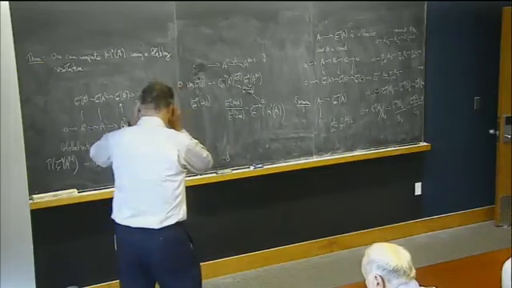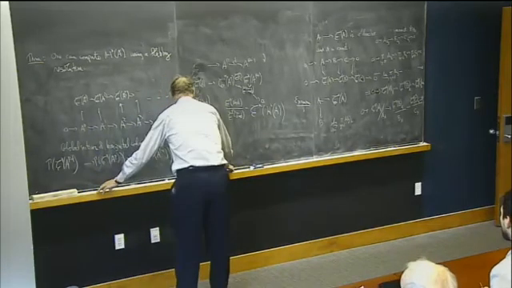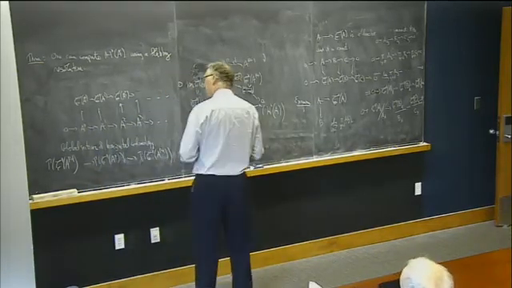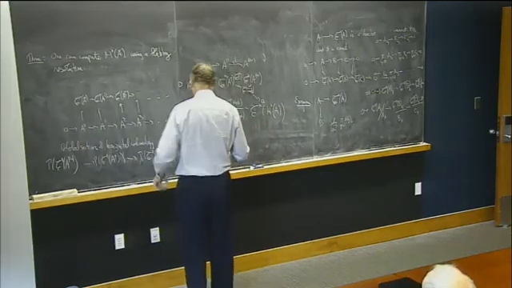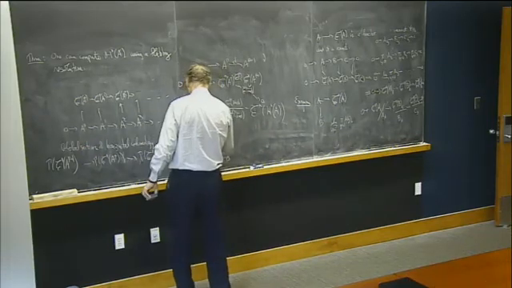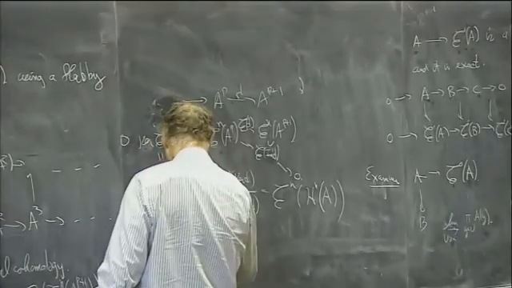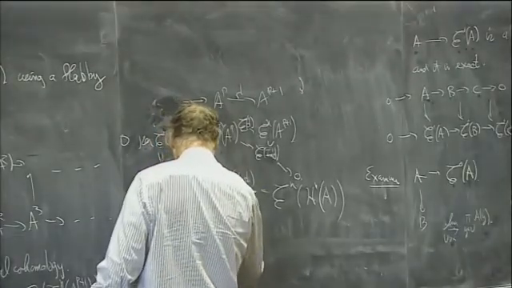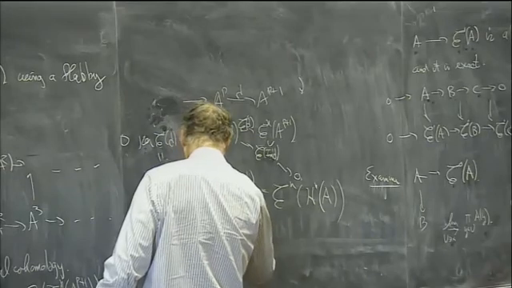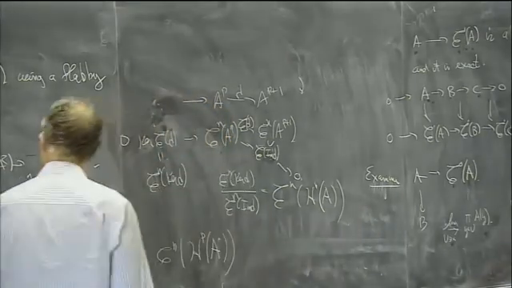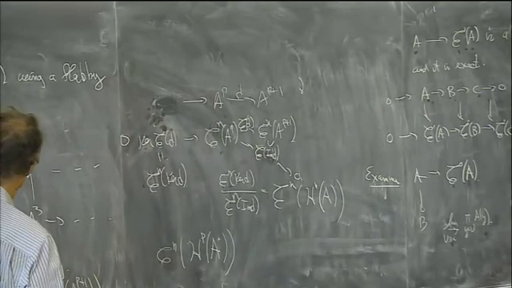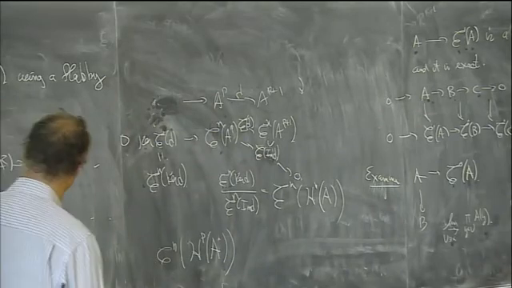Maybe I should just say what I'm trying to prove. I'm trying to prove that when you take horizontal cohomology, you get Cn of the pth homology of A. That's what I'm trying to prove.